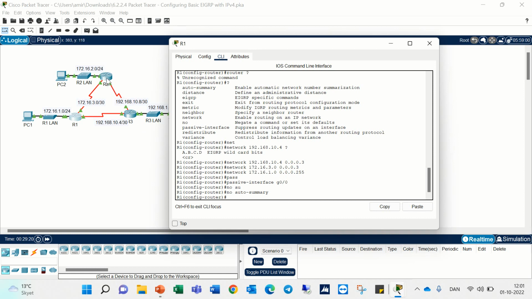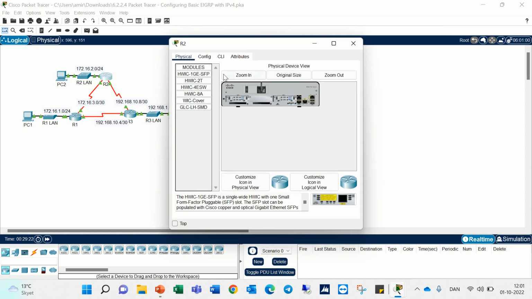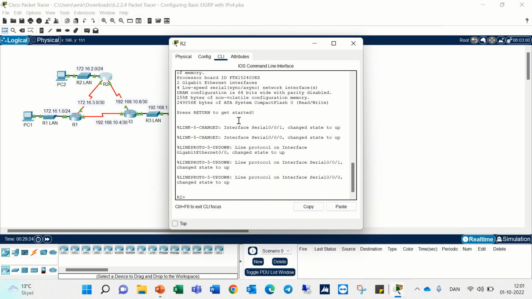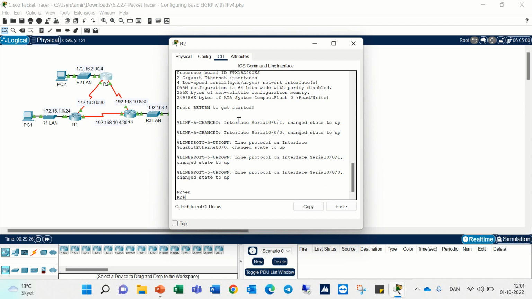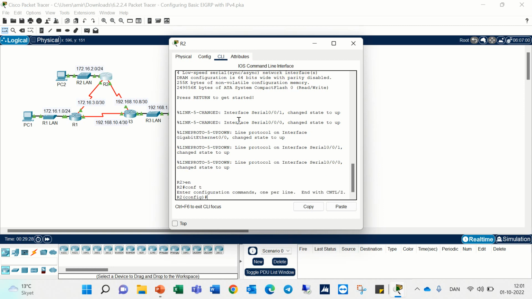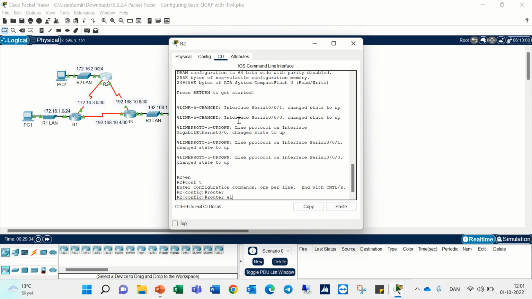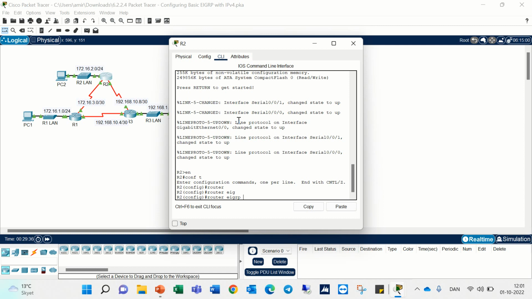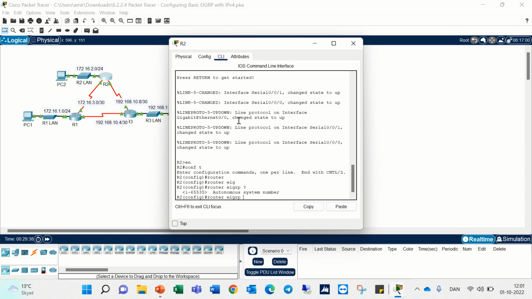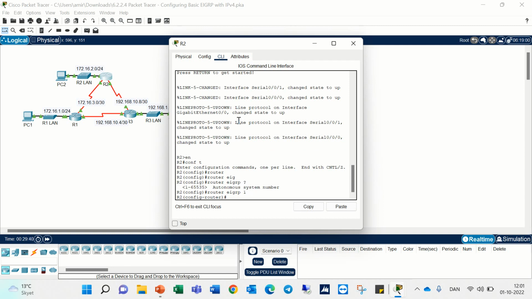And the same process applies for router 2. Router eigrp, and what is the wildcard mask? It should be the same autonomous number, excuse me.